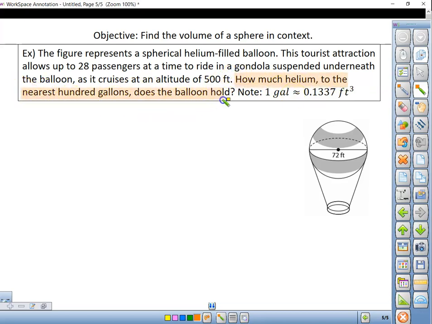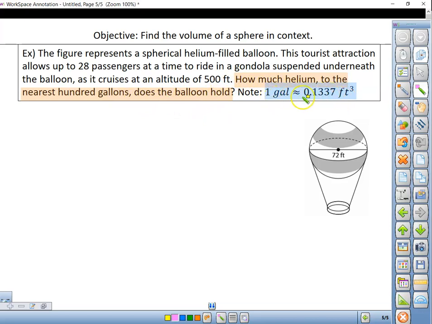We have a conversion ratio here that 1 gallon is about 0.1337 cubic feet. We have a measurement here of 72 feet. What we have to understand too is that the information about the number of passengers and the altitude that the balloon cruises at for this ride are not necessary pieces of information to calculate how many gallons of helium the balloon will hold.